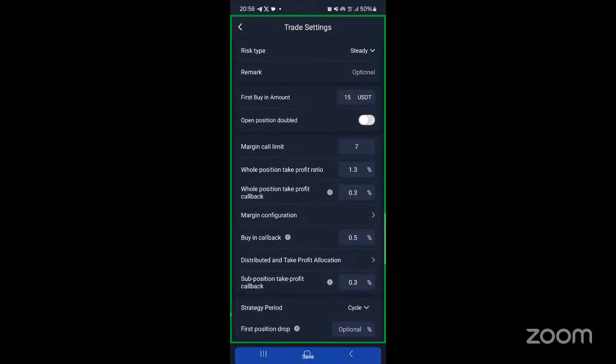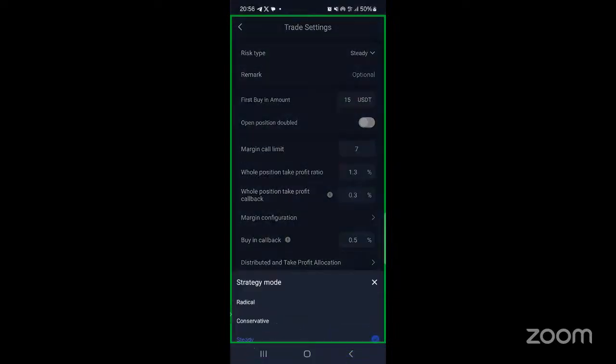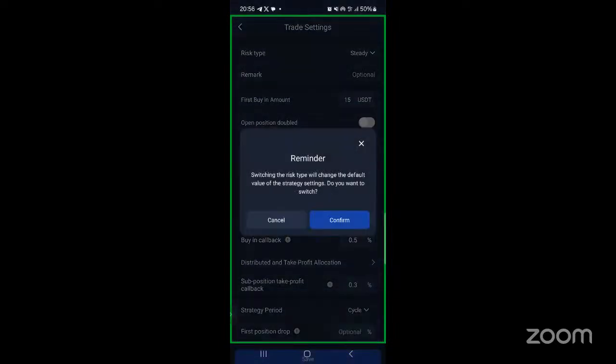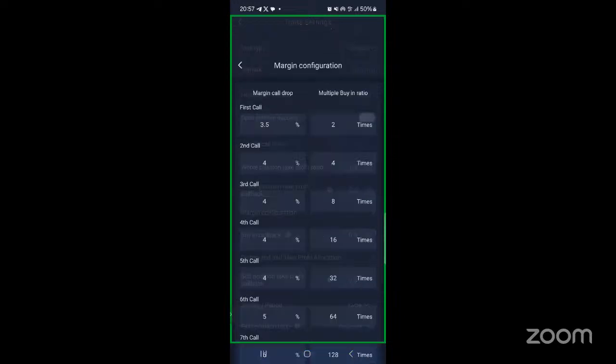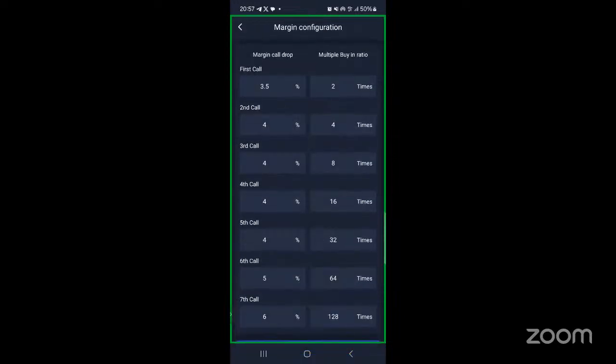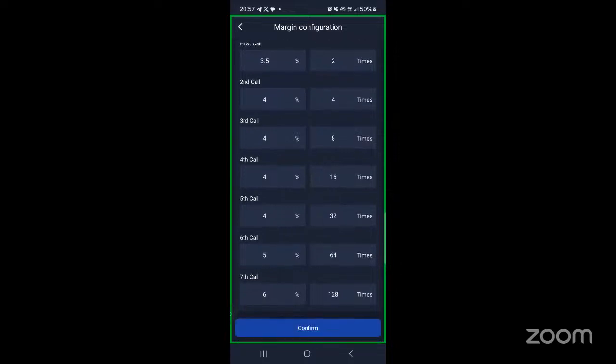Now, let me change to radical. When I tap in radical like this, and then tap on margin configurations, this is the margin configurations.